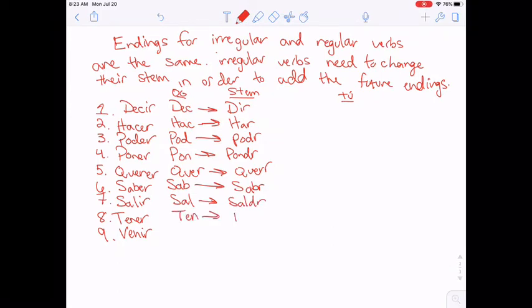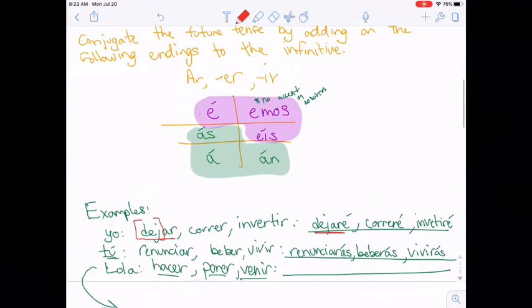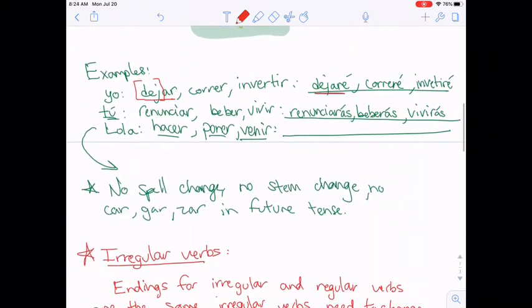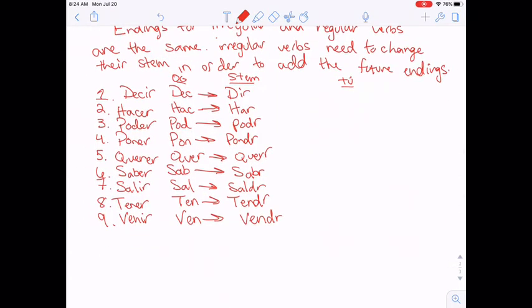Ten has to turn into tendr. Venir or ven has to turn into vendr. Okay? So then now with these endings that you need to add on, all you gotta do is add it on for the tú form, and then you're good to go.